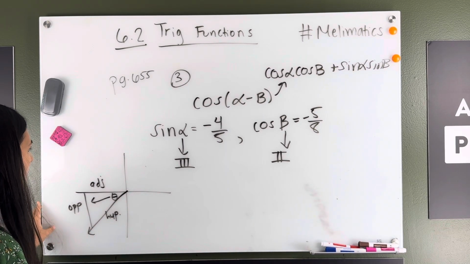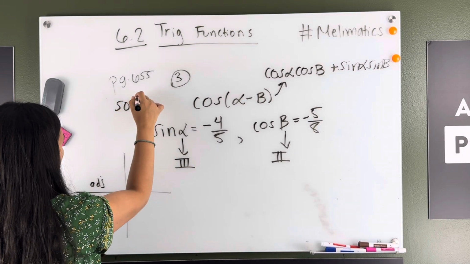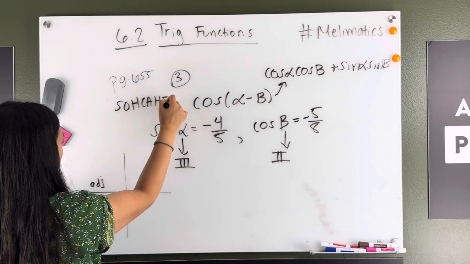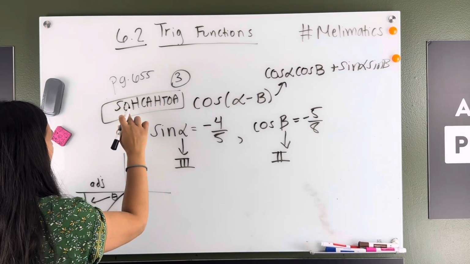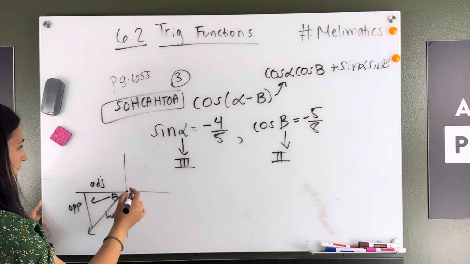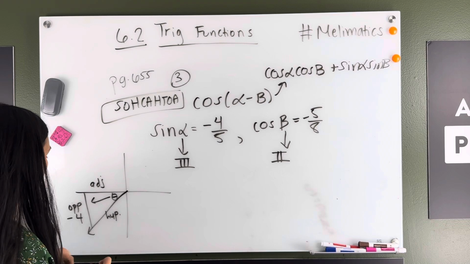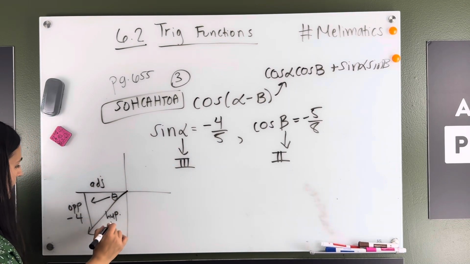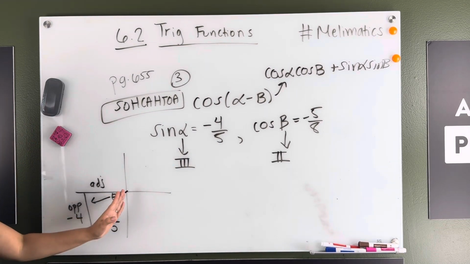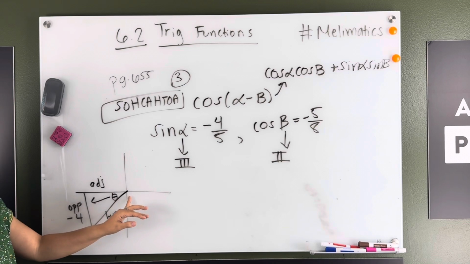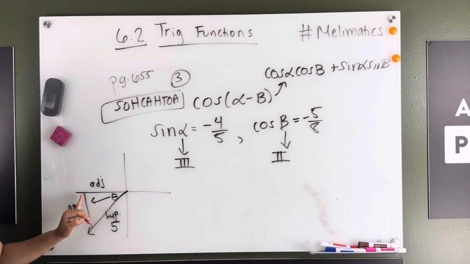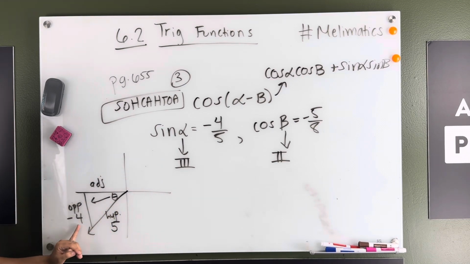SOHCAHTOA: sine is opposite over hypotenuse, so opposite is negative 4 and hypotenuse is 5. This makes sense because in the third quadrant, sine is negative.